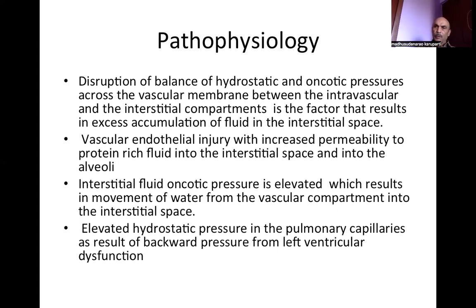Well, pathophysiology, we have been already talking about it. It is basically because of disruption of balance of hydrostatic and oncotic pressures across the vascular membrane, which is the barrier between the interstitial compartment and the intravascular compartment.